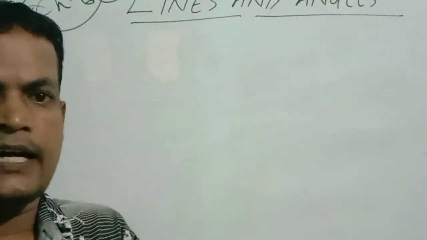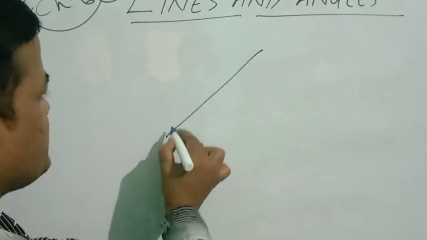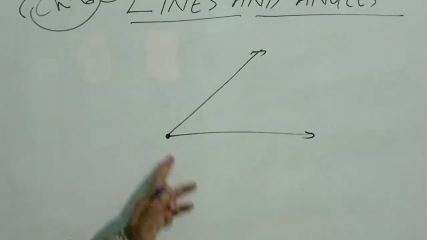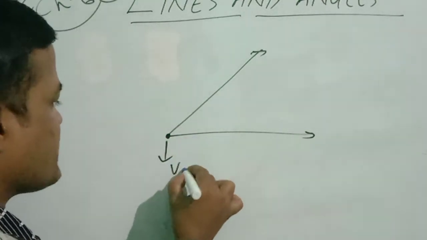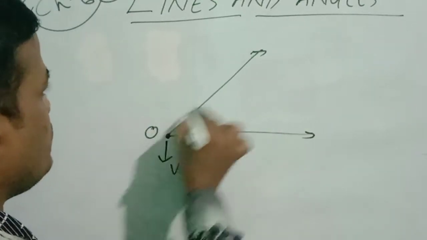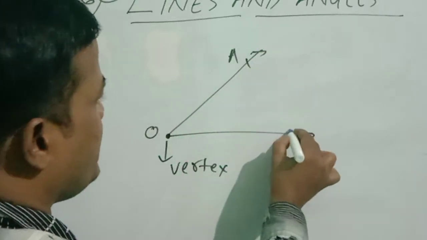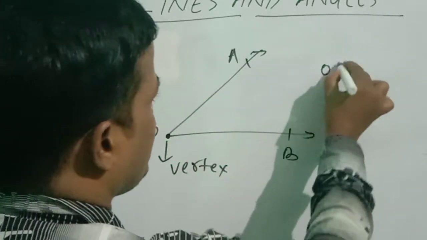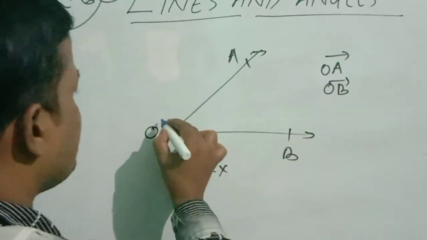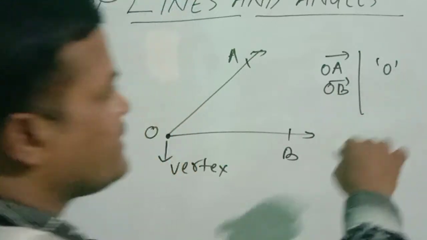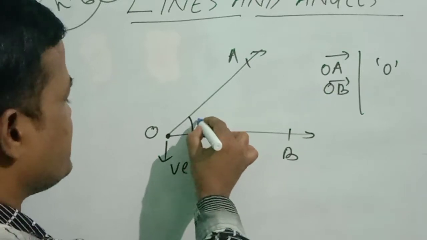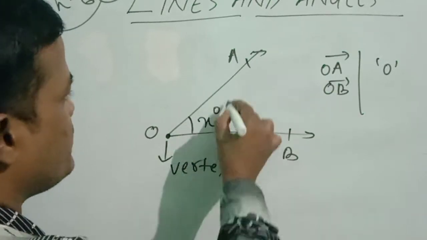What is an angle? An angle is formed where two rays meet at a point, and this point is called the vertex. Let us take this point O, let us take this A, this is B. So OA is one ray, OB is another ray. They are meeting, or intersecting, at point O. Now this is called the angle. Let us take this as x degree, otherwise you can say theta degree.